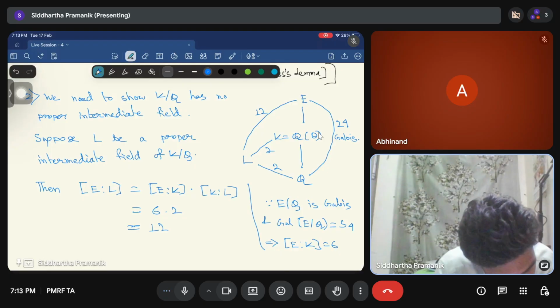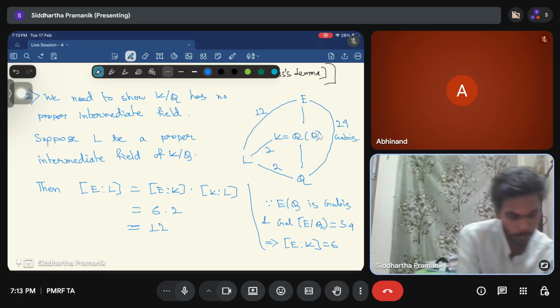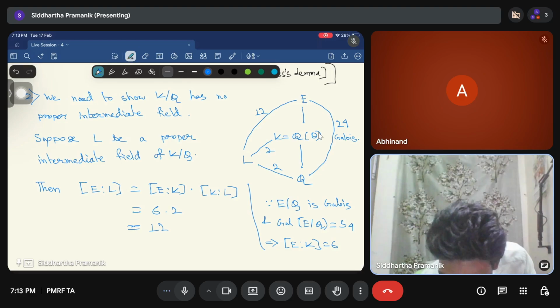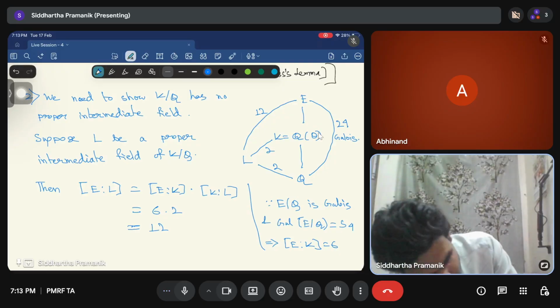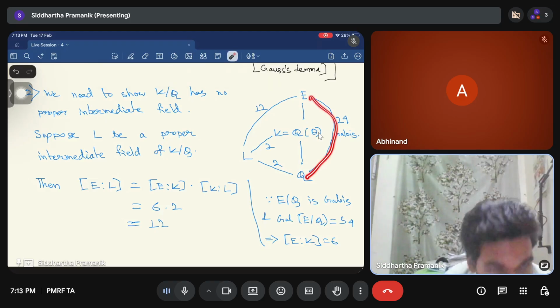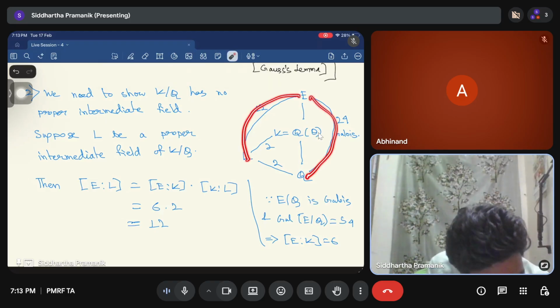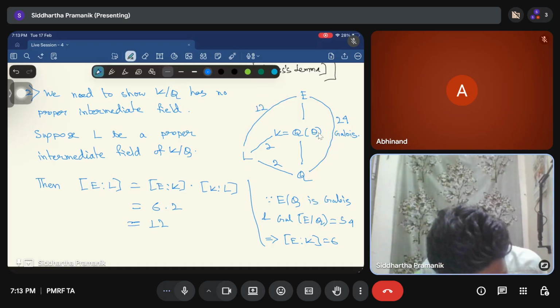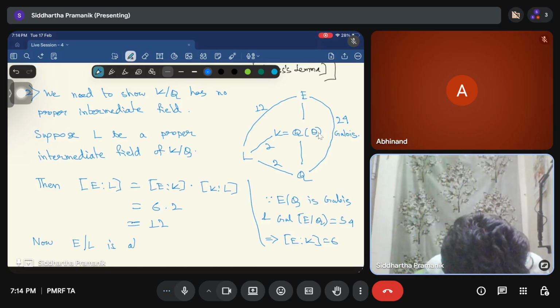Okay, we don't need that much work. Since this bigger extension is Galois, E over L is also Galois, and it is a Galois extension of degree 12. So now, E over L is also Galois.